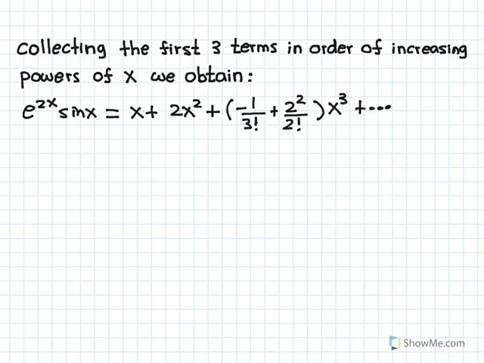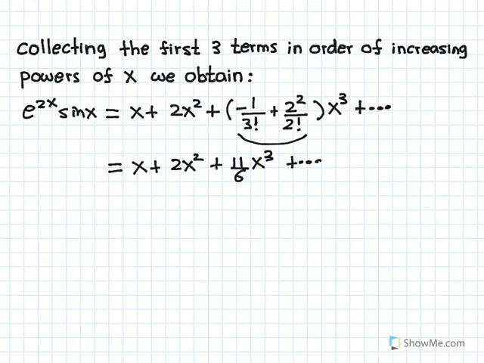But we only need the first three terms. Let's simplify these coefficients. We have negative 1 over 6 plus 2. That works out to 11 divided by 6. So we get x plus 2x squared plus 11 divided by 6, x to the power of 3, and so on.